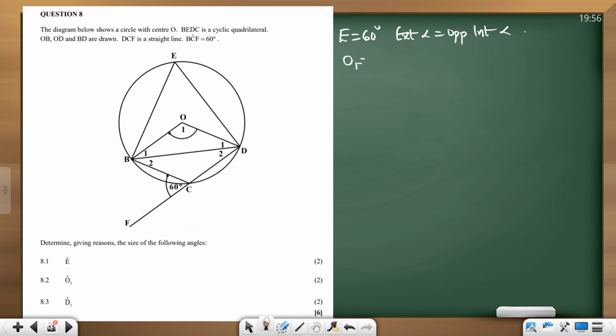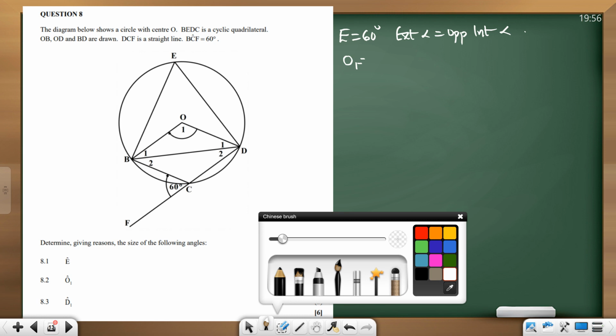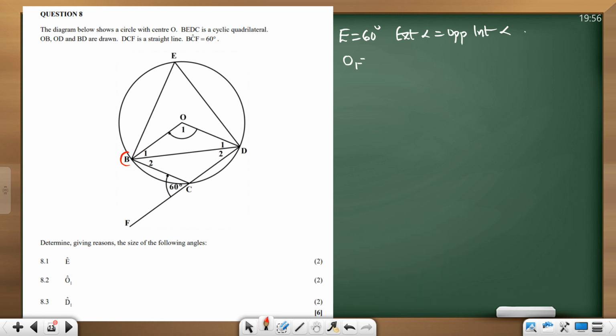What is O1? Why? Okay, you want to say angles in the same segment? No, these are alternate segments. Here's the question. I get what you're saying. That BD subtends this angle and this angle, but they are not in the same segment.